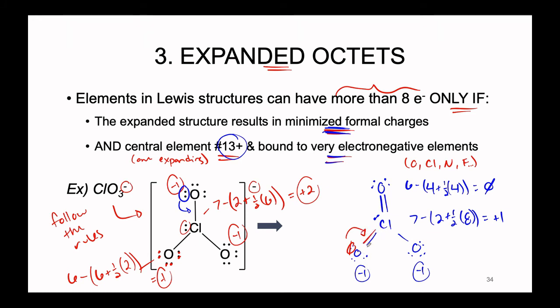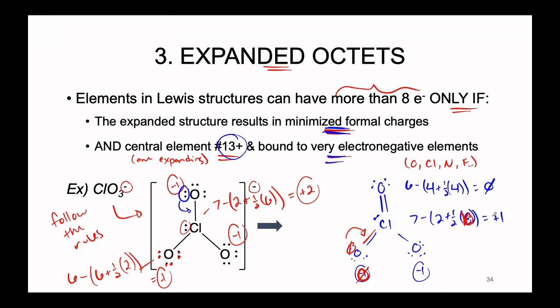In doing so, we have now created another oxygen that looks like our first, with a formal charge equal to 0. And our chlorine now, we can reestablish what its formal charge is, is going to have a formal charge of 7 minus 2 plus 1/2 of 2, 4, 6, 8, 10.